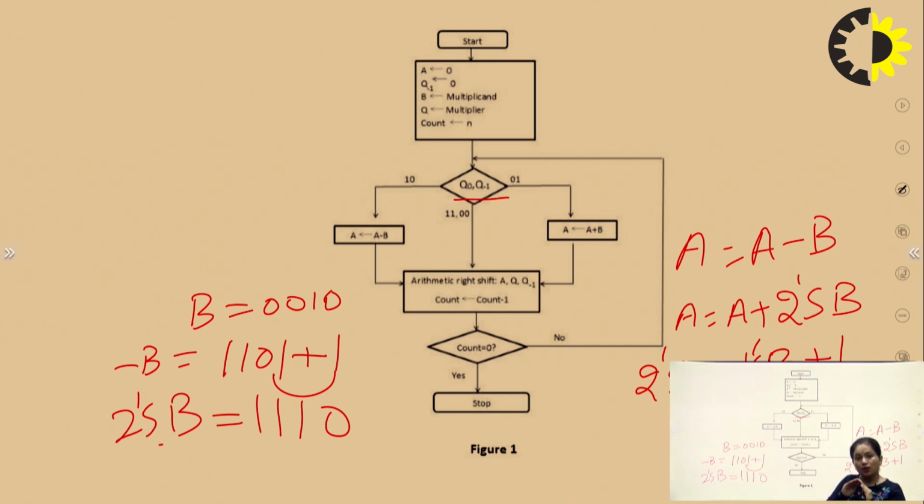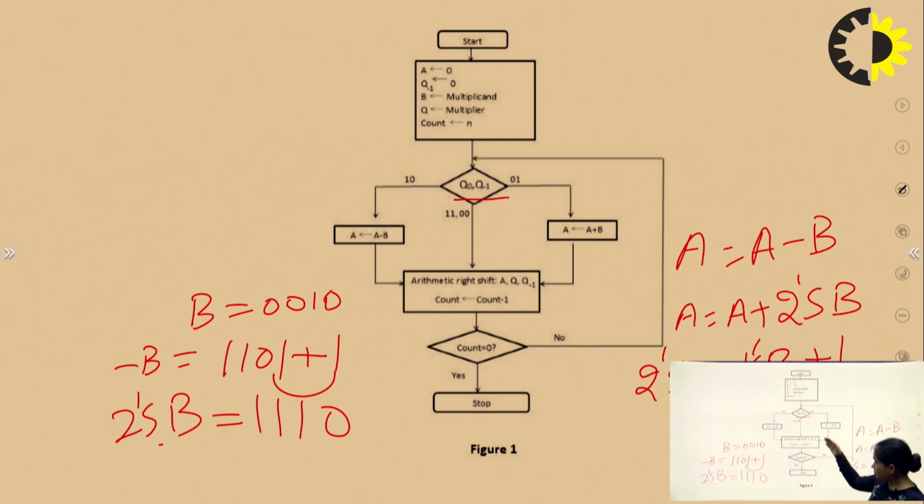For these registers we do the arithmetic right shift. For 0, 0 and 1, 1, we go for the arithmetic shift only. But whenever the bits are different, first we perform the operation, either add or subtract. After performing the operation, we go for the arithmetic shift again on the accumulator, Q and q minus 1.